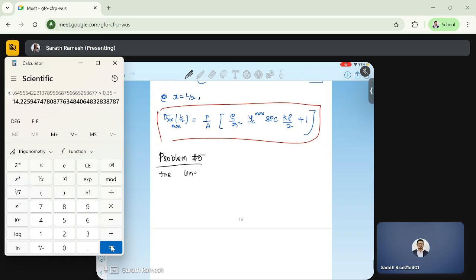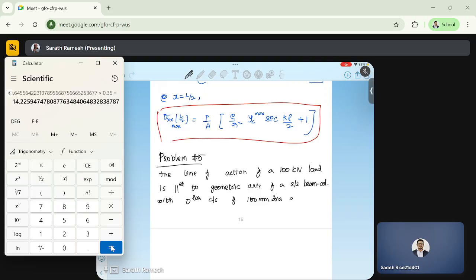The line of action of a 100 kilonewton load is parallel to the geometric axis of a simply supported beam column with circular cross section of 150 mm diameter and E equal to 200 gigapascal.